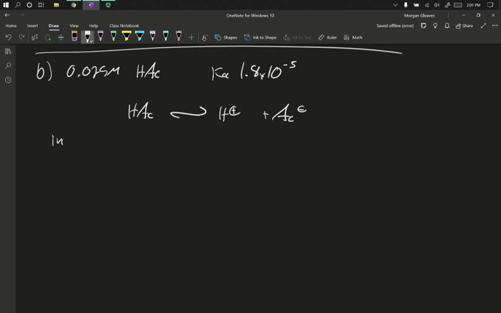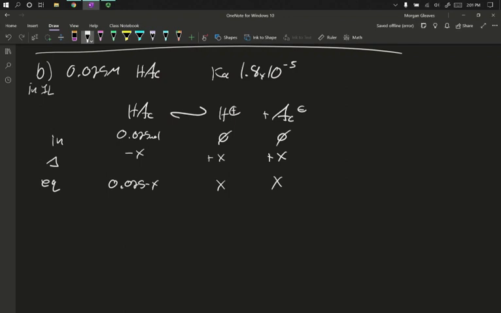Our initial values, again assuming this is in 1 liter, are 0.025 mole, no moles, and no moles. There's going to be a change: I lose some starting material and make some product. I'll eventually reach equilibrium: 0.025 minus X, X, and X.